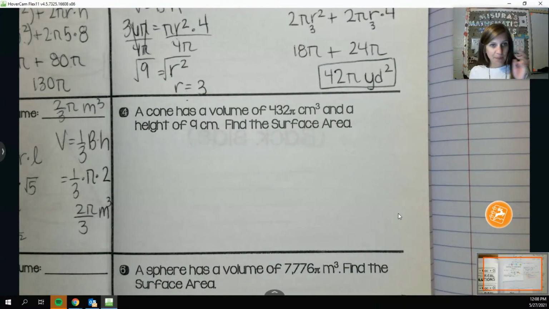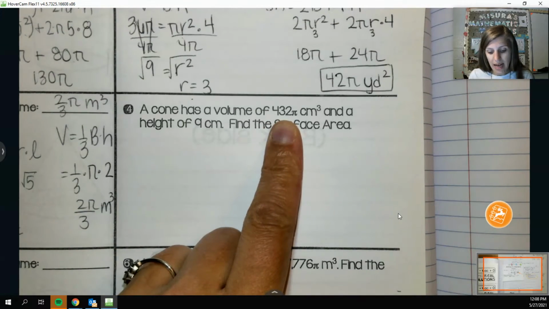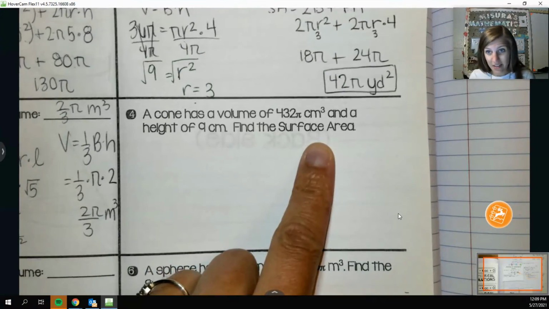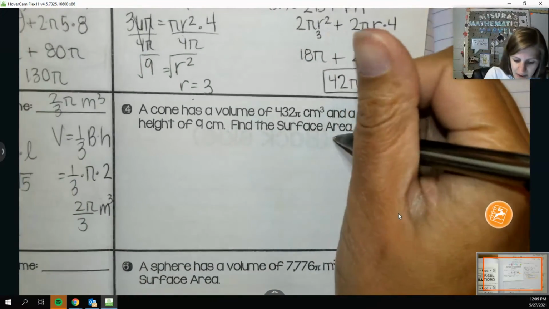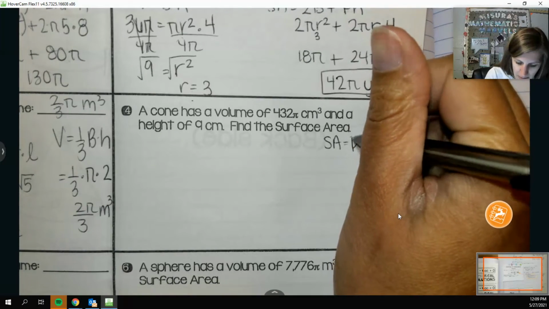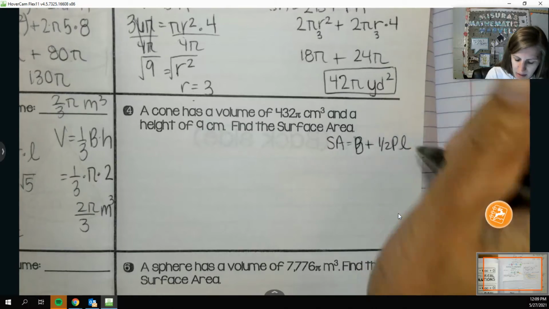Alrighty, so thinking about a backwards type problem. If a cone has a volume of 432 pi centimeters cubed and a height of 9 centimeters, find that surface area. So if I want surface area of a pyramid or a cone, you got B plus half PL.